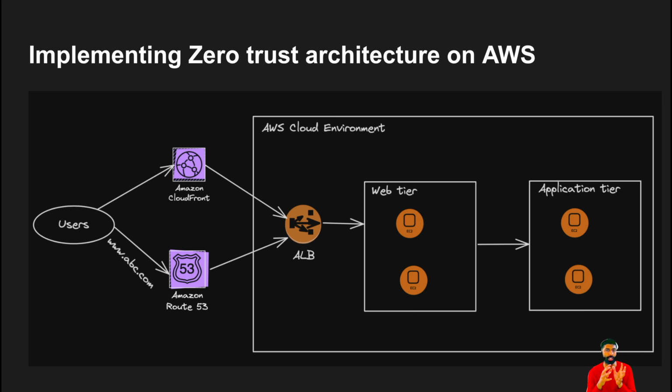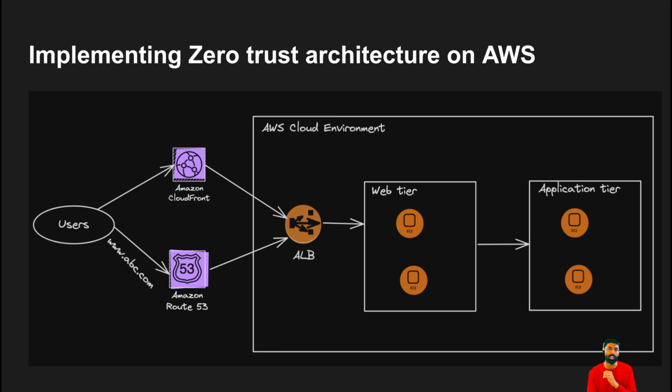Web application is fronted by an application load balancer, and then web tier is hosted on a bunch of EC2 instances as part of an auto-scaling group. And load balancer gets the content from the web tier, then web tier communicates with an application tier, which is also hosted on a bunch of EC2 instances as part of an auto-scaling group. So in this, you can also have a database tier, which I have not demonstrated for simplicity.